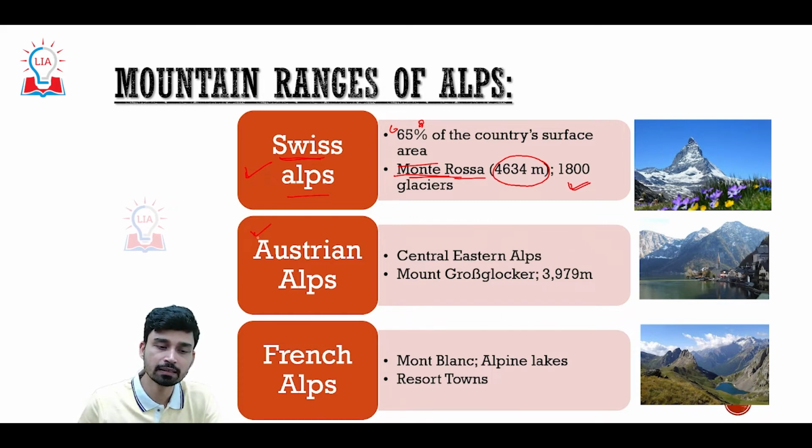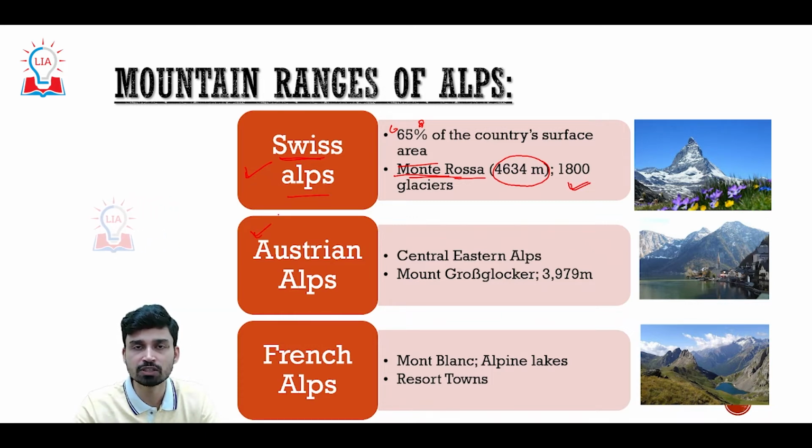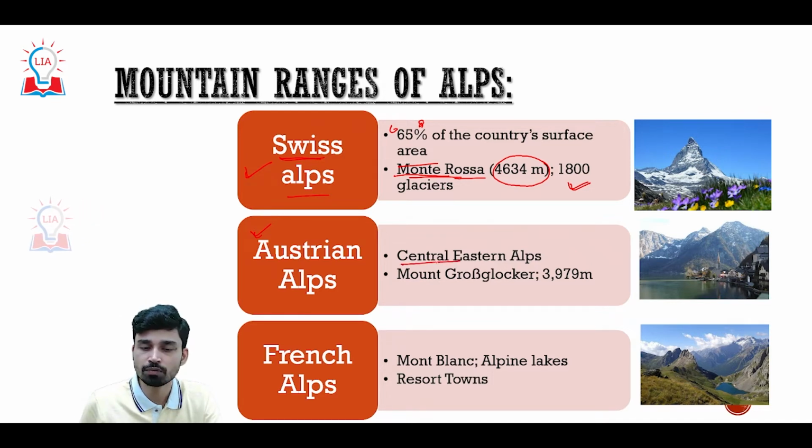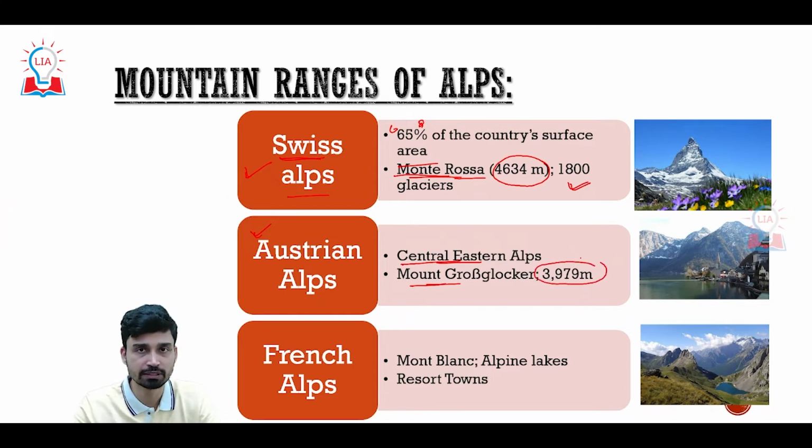The second is the Austrian Alps, located in Austria. It is a part of the Central Eastern Alps, and here the highest peak is Mount Grossglockner at an altitude of 3,979 meters. The third is the French Alps, located in France. Here the highest peak is Mont Blanc.